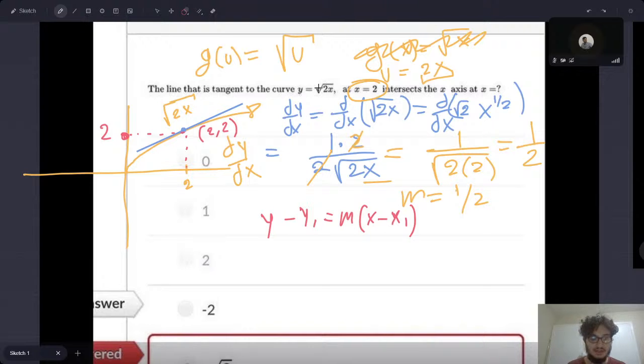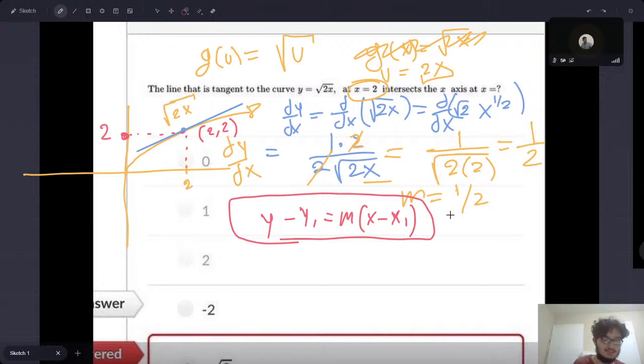The one we're looking for is where x equals 0, but first we need to think about where this line is going to cross the x-axis. In order to do that, we need to find the actual equation. So it's going to be y minus y1, and the y value of that point of tangency is 2. So y minus 2 equals a half, which is the slope found earlier, multiplied by x minus x1.